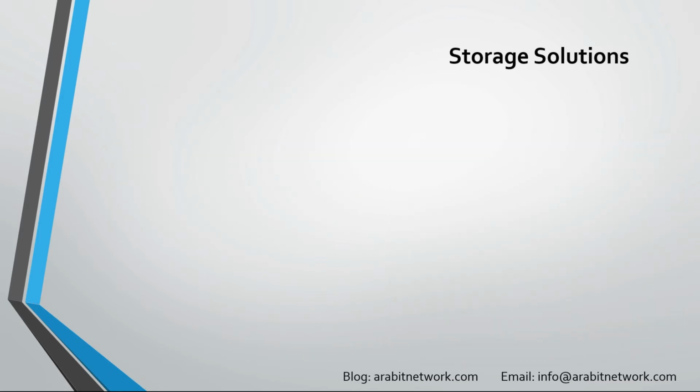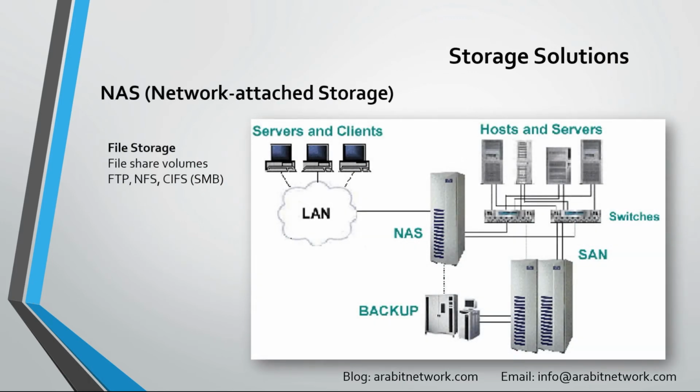So let's take a look at another storage type, which is NAS, or network attached storage. NAS mainly serves file storage, so it's not block storage here. File storage, in other terms, is the file shares or shared volumes, like NFS, CIFS, which is SMB, even FTP.